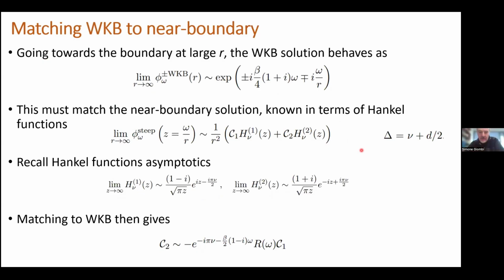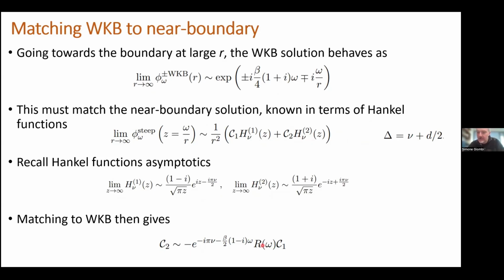So we can get back to that question later, maybe. Okay, so the next step is to match the near boundary expansion here with this WKB, and this fixes the coefficient of this C2 in terms, again, of this reflection coefficient, which is descending from the original analysis near the singularity.